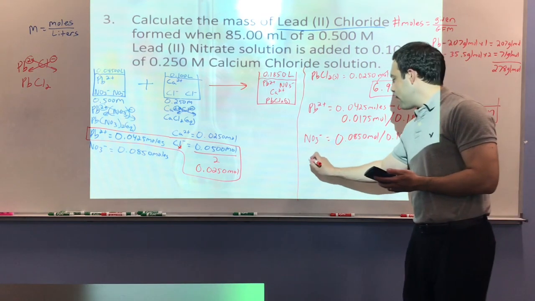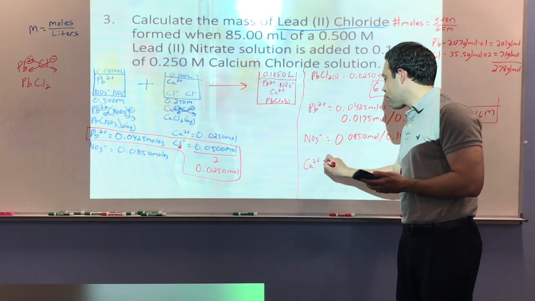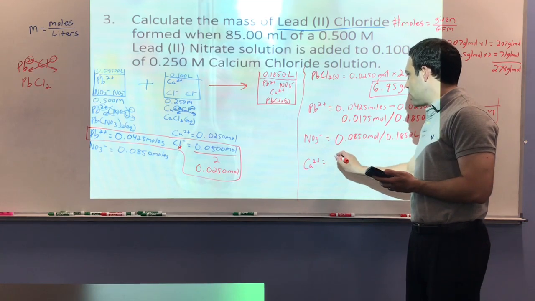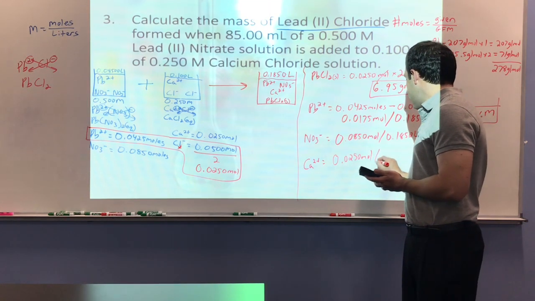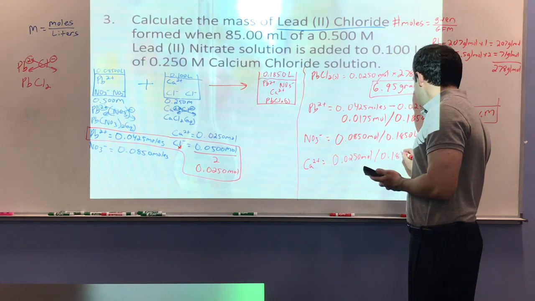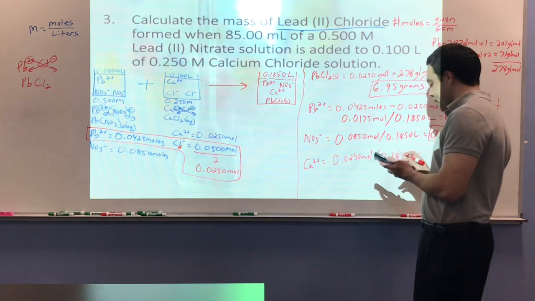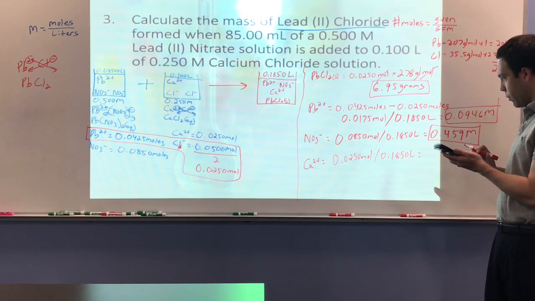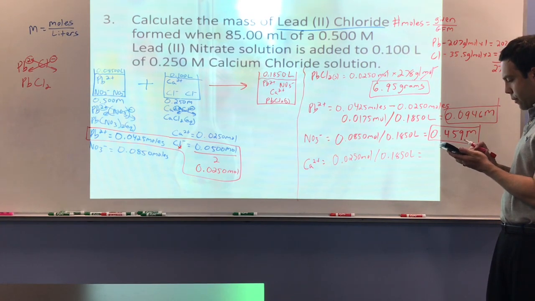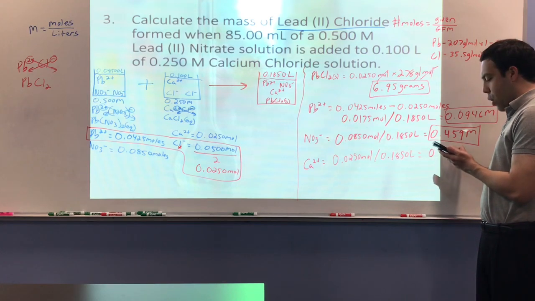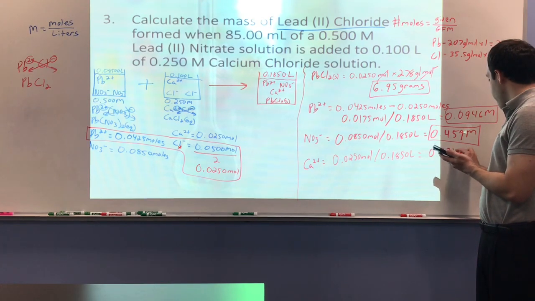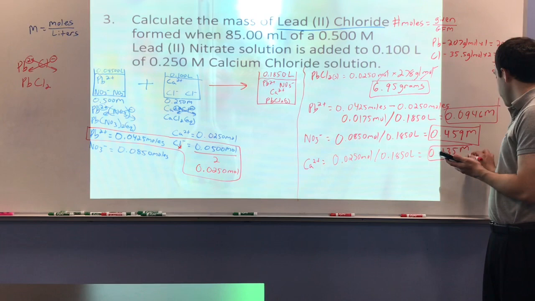And finally, for calcium 2+, we get 0.0250 moles divided by 0.1850 liters. Round to 3 significant figures, we get 0.135 molar.